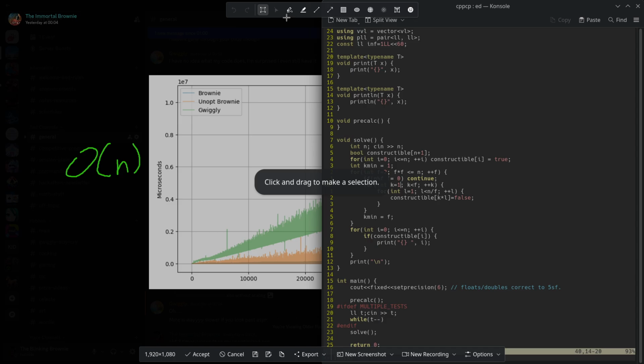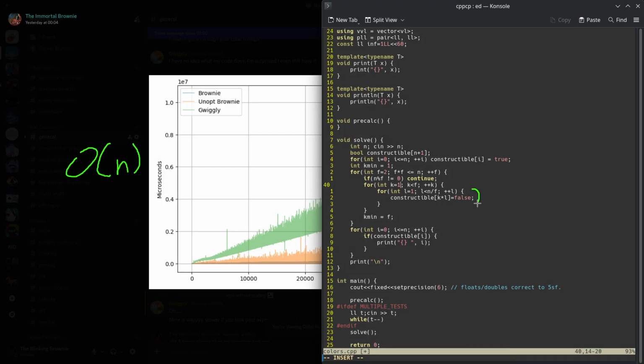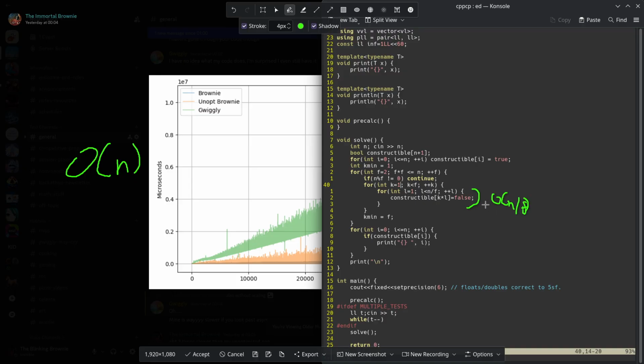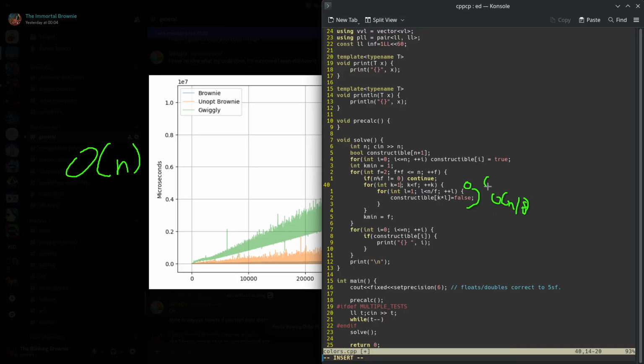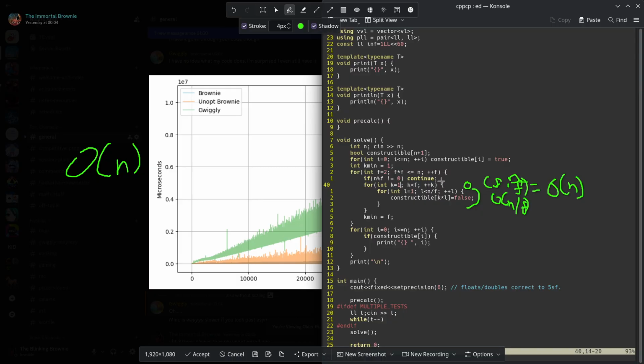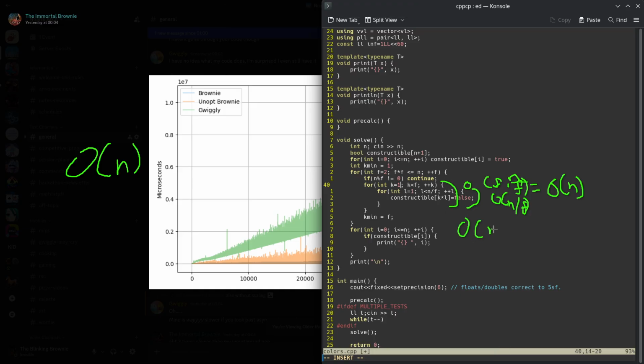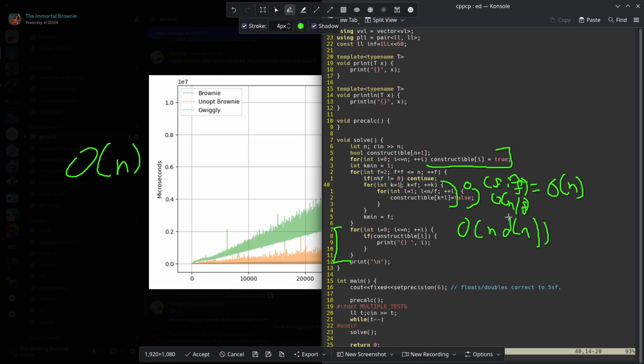So this inner loop was O of n over f, and the outer loop then is O of f times n over f, which is O of n. And since this runs d of n times, it's O of n dn. And of course this part doesn't really affect the time complexity because these are O of n.